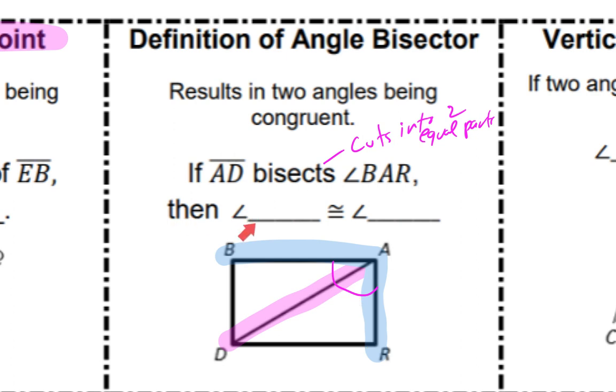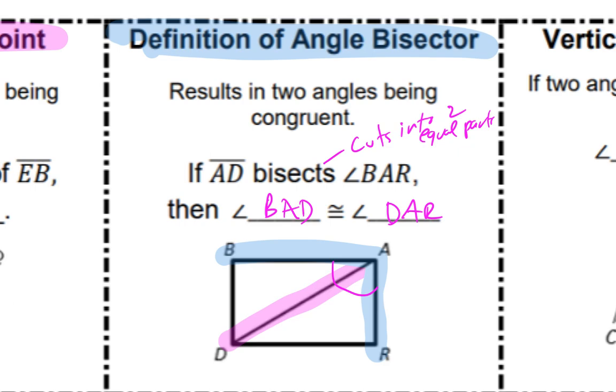So that means angle BAD is congruent with angle DAR. That's the definition of an angle bisector. Bisector means it cuts into two equal parts. If this line cuts this angle, then that's an angle bisector.